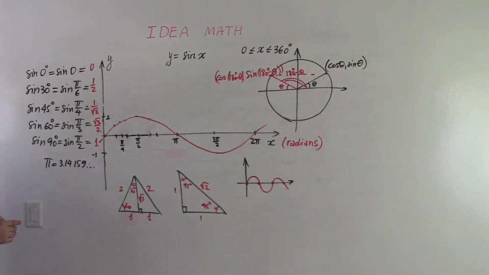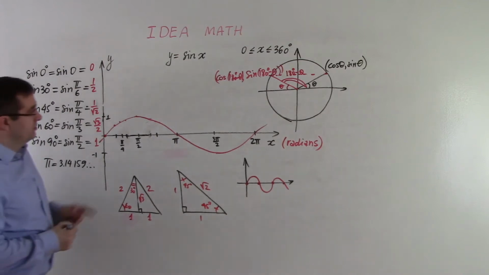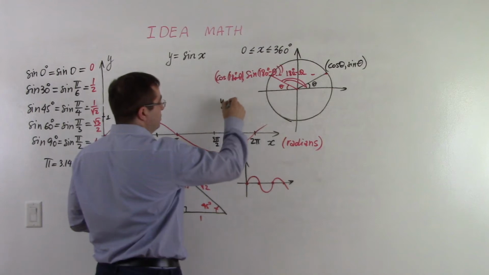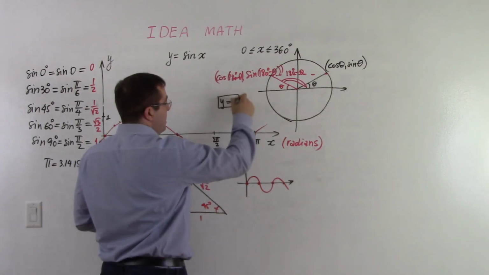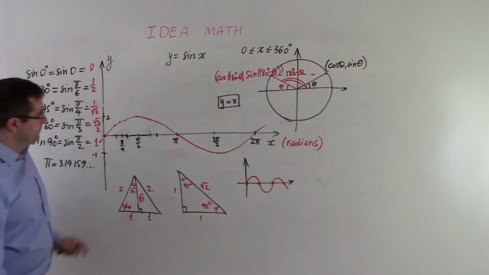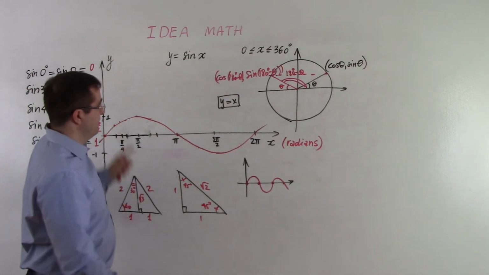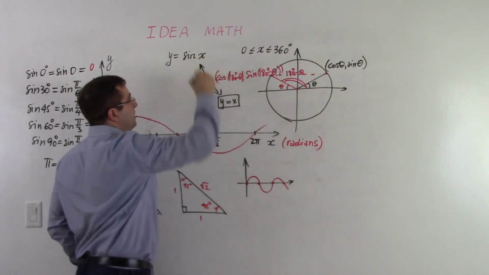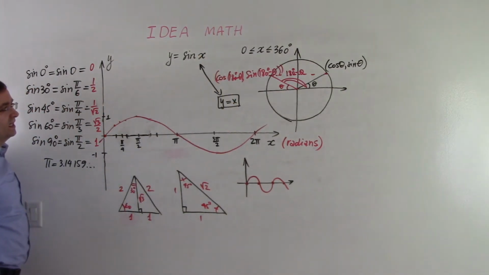So finally, before we end this exercise, I would like you, in your best graph, to draw the line y is equal to x. And then, if you draw it well, think how the line y equals x is related to the graph of y equals sine x.